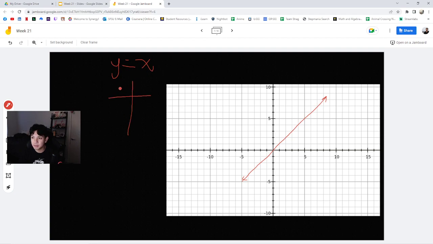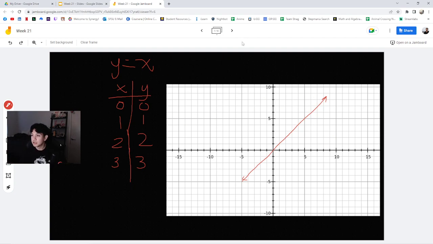So for example, if I have the value 0 for x, then y is also going to be 0. If I have 1, 1, 2, 2, 3, 3, it just keeps going on until infinity, okay? It's a diagonal line that passes through the origin, and 1, 1, 2, 2, 3, 3, up through 8, 8, and it keeps going on and on, okay?